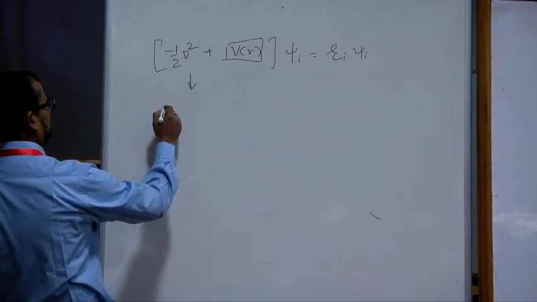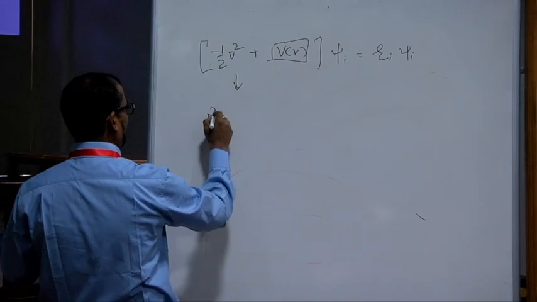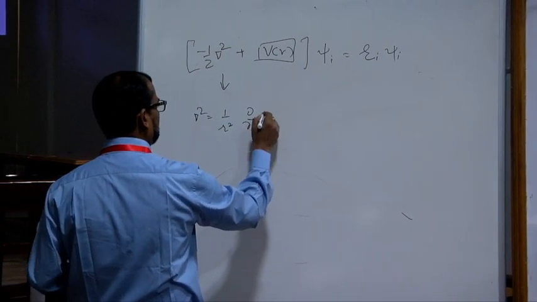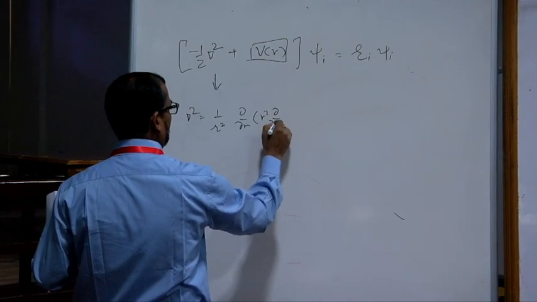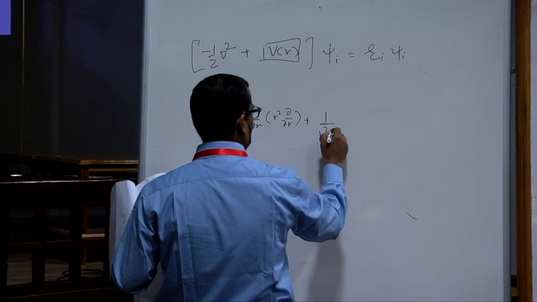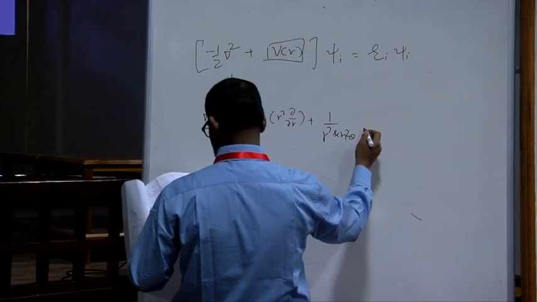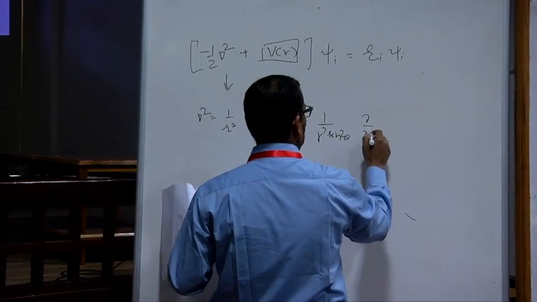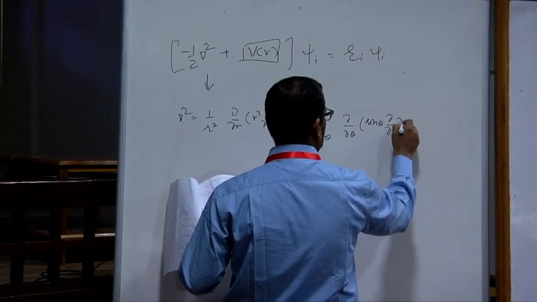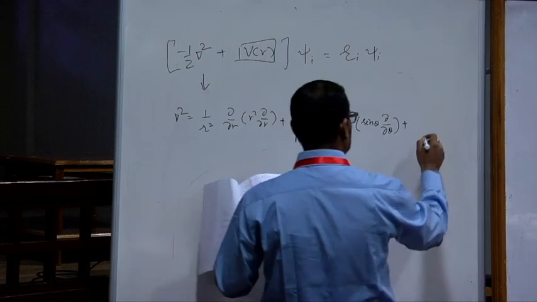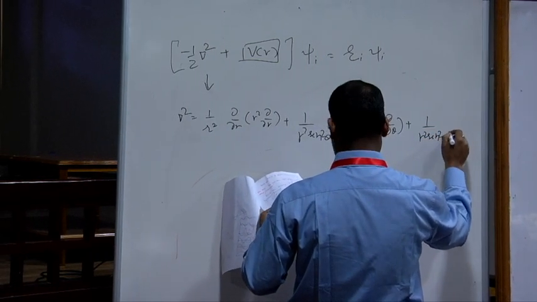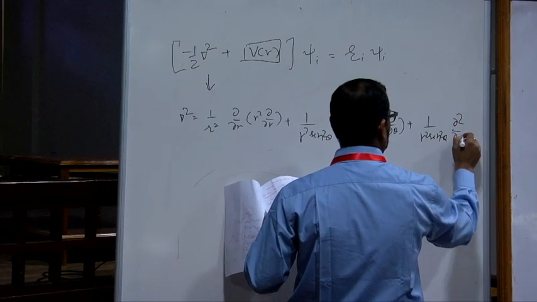If you look at it, you can nicely write out your del square as 1 by r square dou by dou r of r square dou by dou r, plus 1 by r square sine theta dou by dou theta of sine theta dou by dou theta, plus 1 by r square sine square theta dou square by dou phi square.